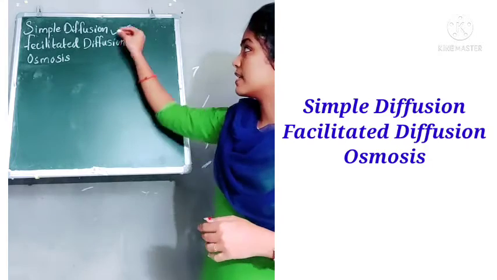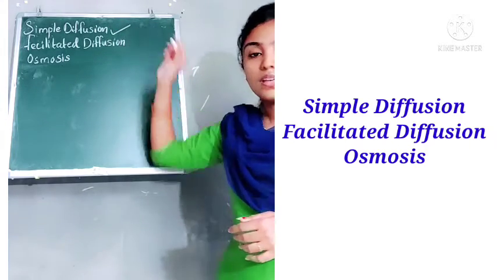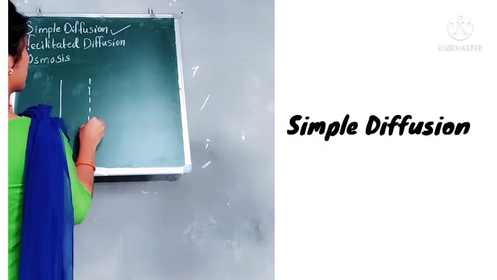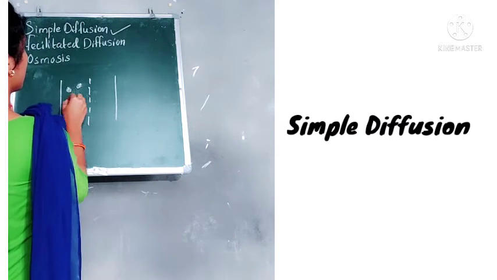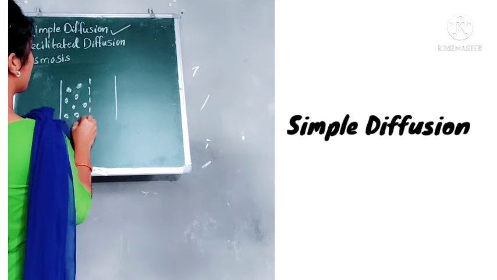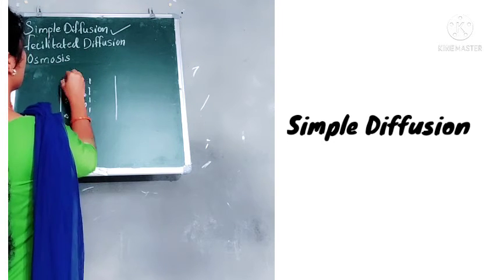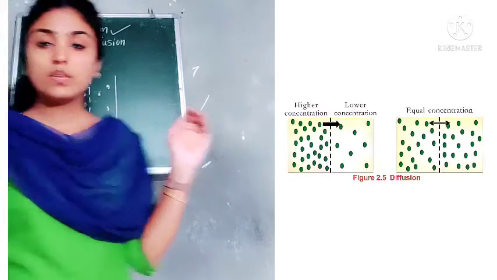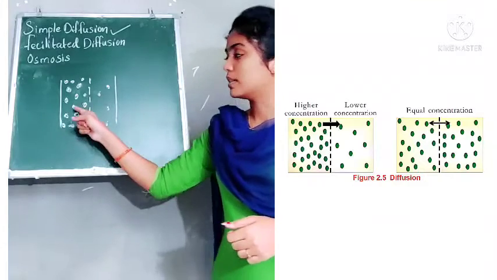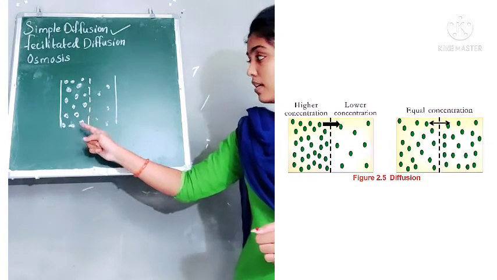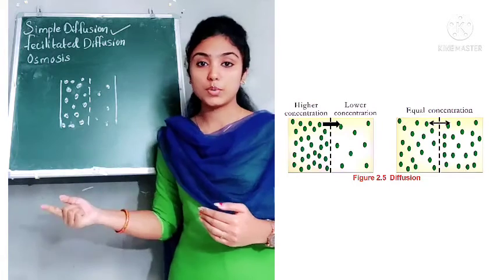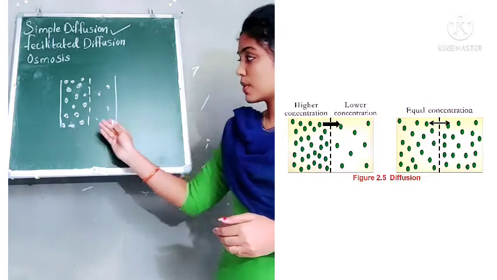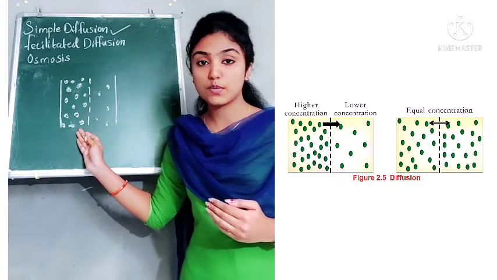First let us learn about simple diffusion. Now look here. Just consider these are the molecules of simple nutrients, and these are also molecules. In which region is there a higher concentration of molecules?